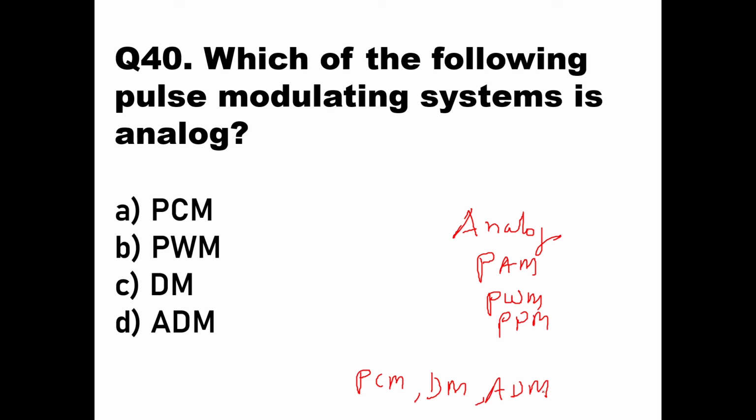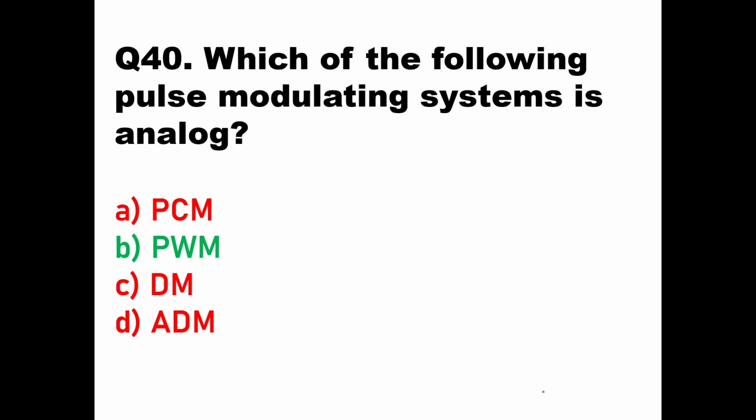So the pulse modulating systems which are analog can be PAM, PWM, and PPM. And out of this, the option which is there in ABCD is option B, that is pulse width modulation is analog. The rest are not analog, they are digital. So here option B will be the correct answer, that is PWM, pulse width modulation.